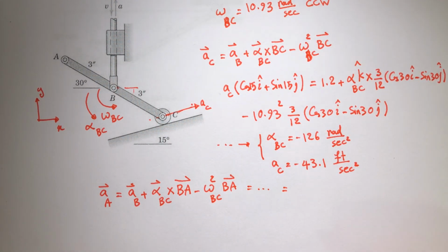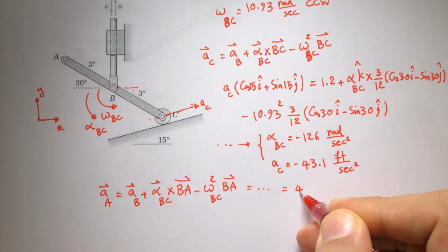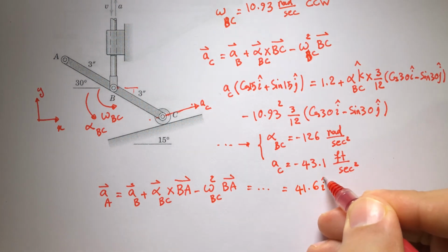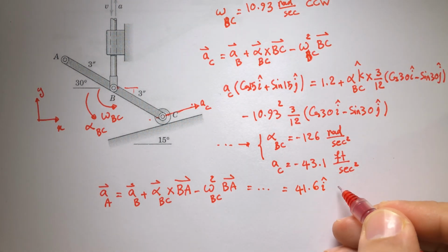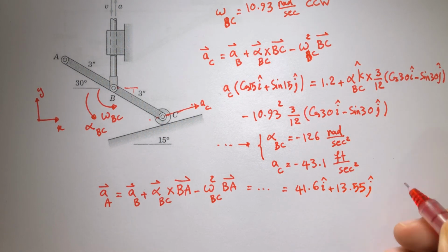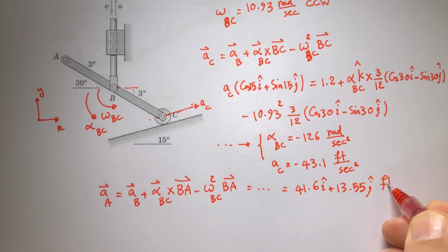If you plug in all the numbers, acceleration of A is going to be 41.6 in the i direction plus 13.55 j, and the unit is foot per second squared.